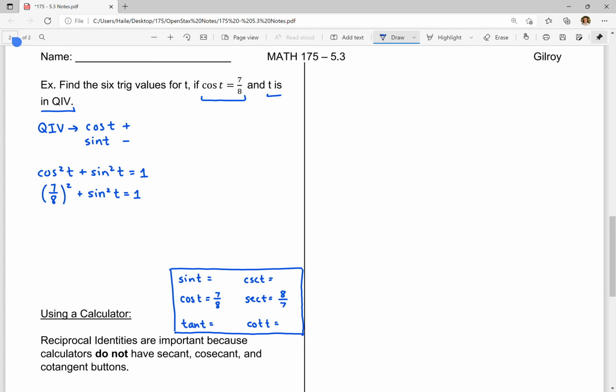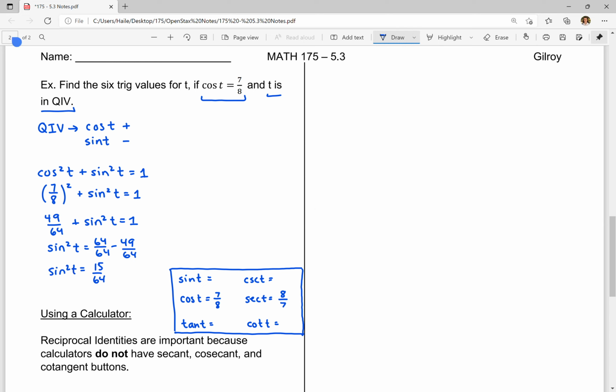If I square 7 over 8, I'm going to get 49 over 64 plus sine squared of t is equal to 1. So sine squared of t is equal to 64 over 64 minus 49 over 64, which, if I do that subtraction, I should get 15 over 64. And that's still sine squared of t.